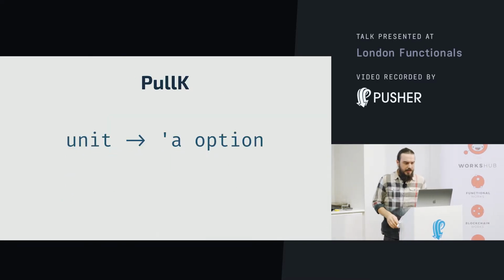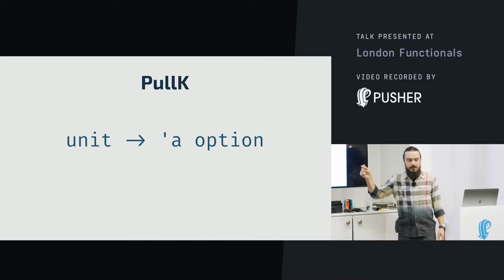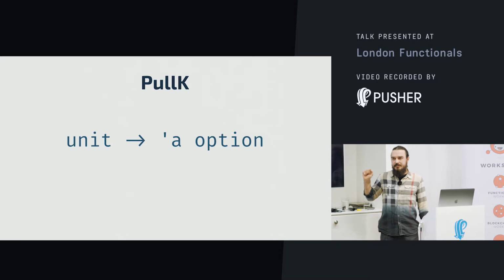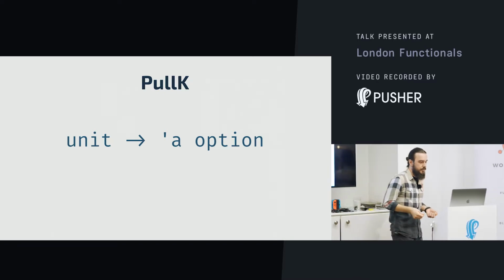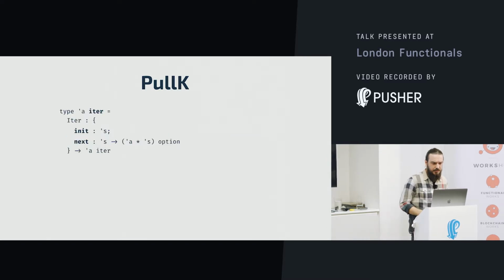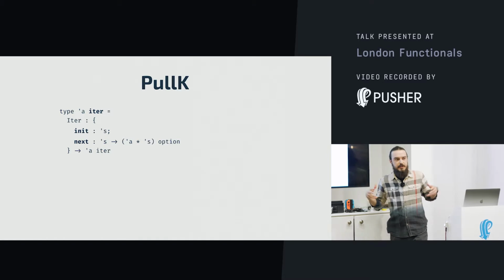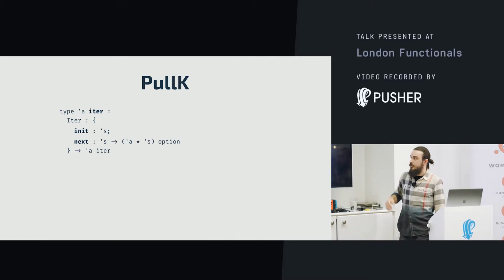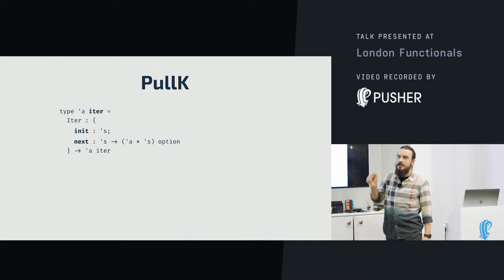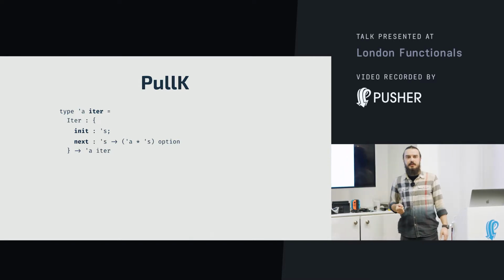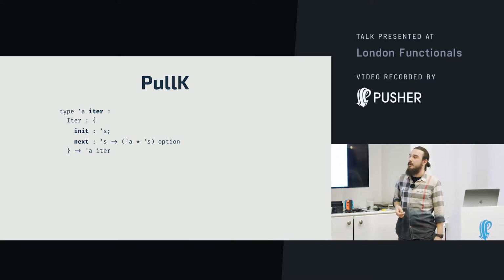I mentioned that we were going to try to improve this type, the pull-based iterators, and I decided to play with it. The first thing that I tried was to introduce this explicit state, so lift the state to the type level and make it part of the declaration. We have the initial state there. If we are iterating on a list, for example, that's the list that we have.